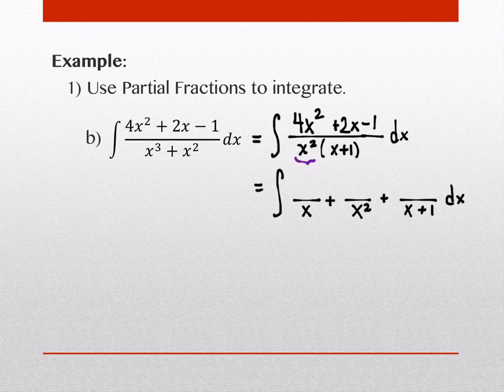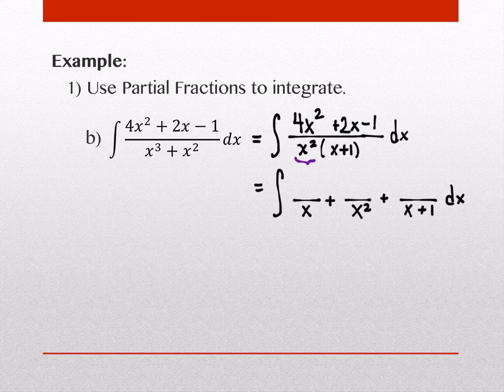Basically, we're separating this into all of the possible fractions that could have existed to add together to give us the original fraction we started with. All of these denominators could be present and still be reconciled to have that same common denominator of x cubed plus x squared.